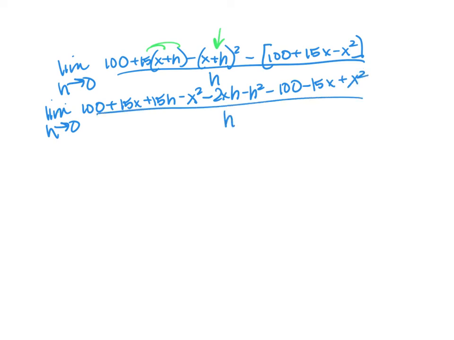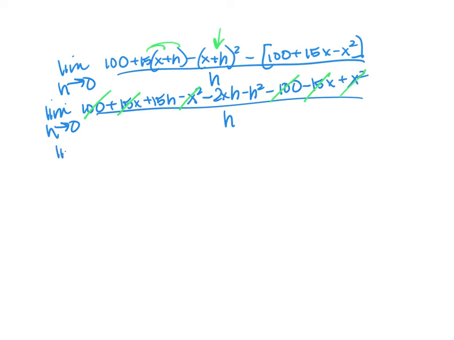So what can we do? We can do some simplifying by taking that positive 15x minus 15x. There's the 100 minus the 100, the negative x squared plus the x squared. Each one of those goes to 0.